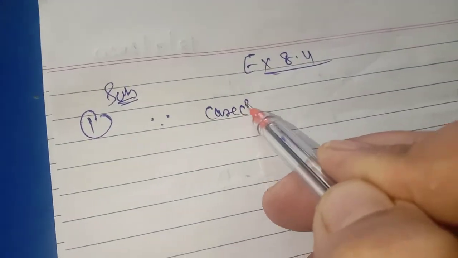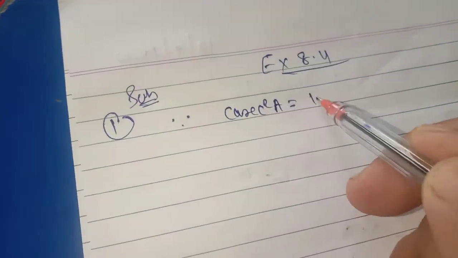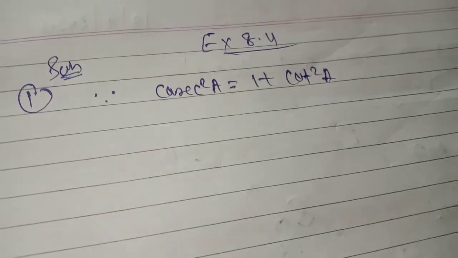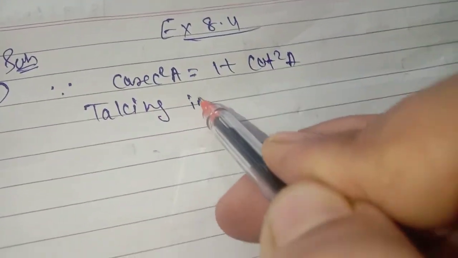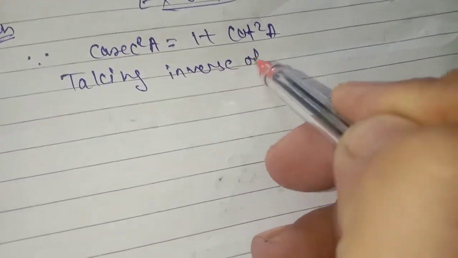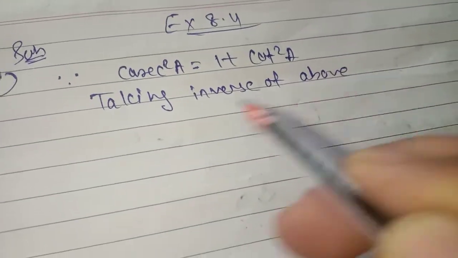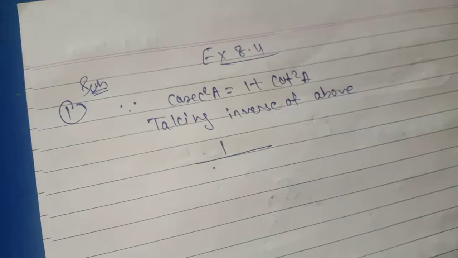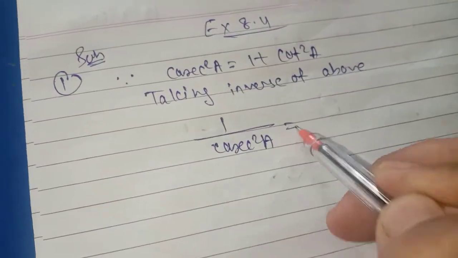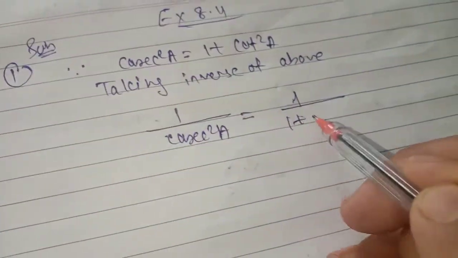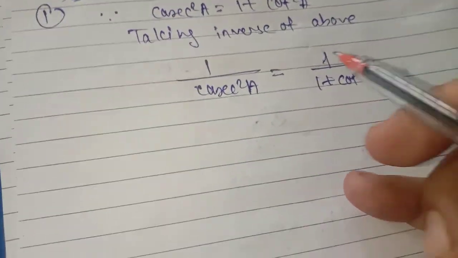We know that cosec square A is equal to 1 plus cot square A. So what will we do now? Taking the inverse of the above. Inverse means what? I am writing 1 upon cosec square A is equal to 1 upon 1 plus cot square A. So what is 1 upon cosec square A?